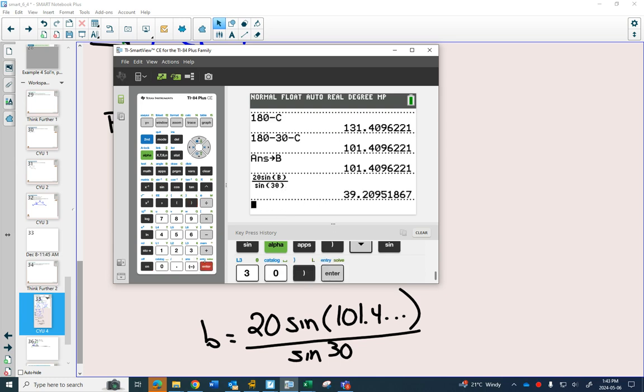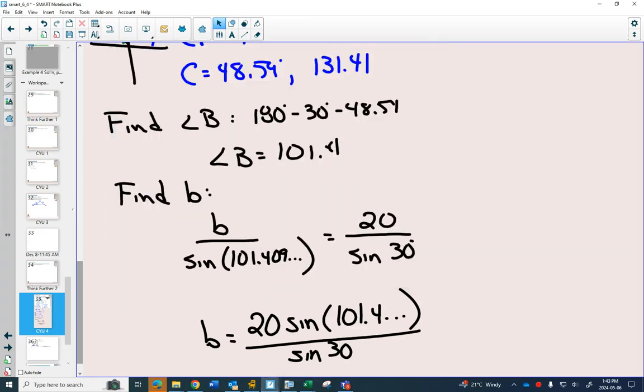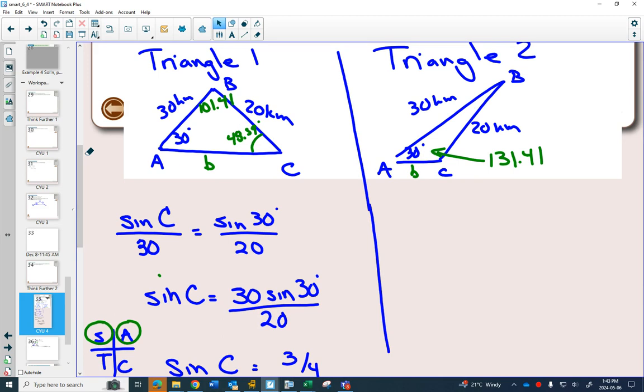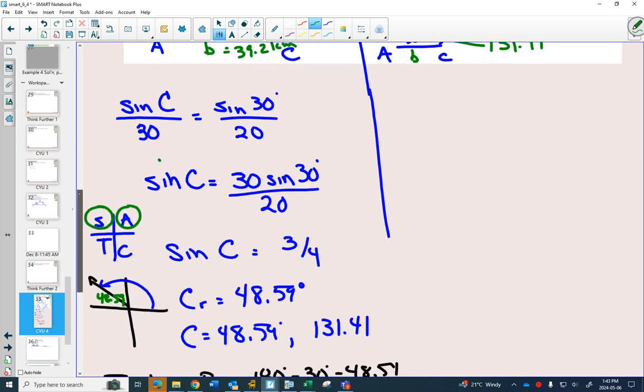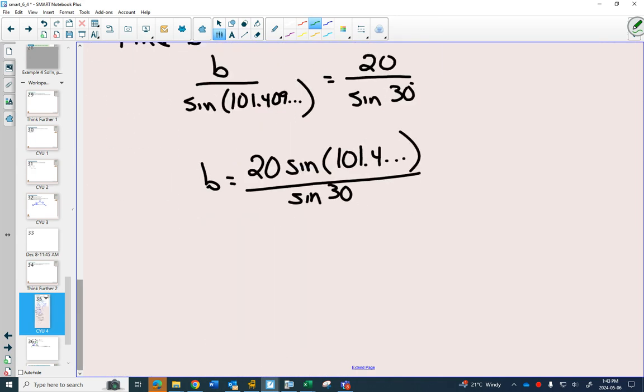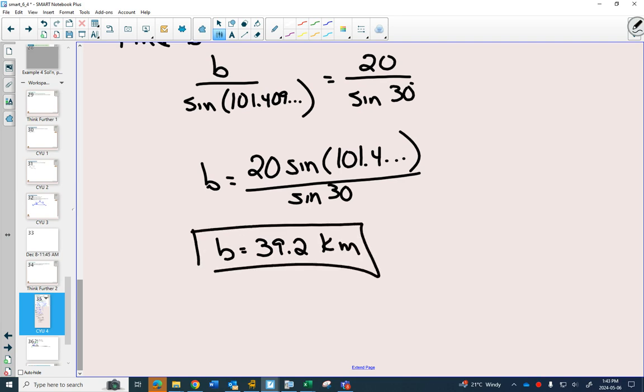Push enter, and you get 39.2. It says to round to the nearest tenth. That's one possible answer.